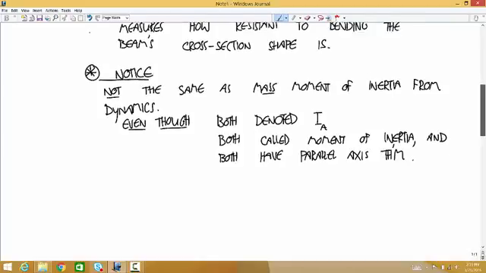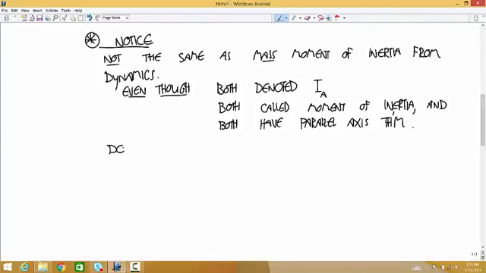So here is the definition of the area moment of inertia. If you look at the definition of the mass moment of inertia, it looks very similar, except you replace mass with area in the formula.